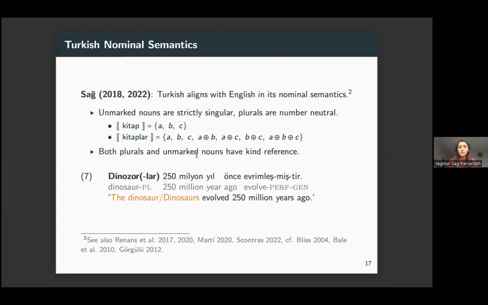So the fact that you can give it a singular noun, as well as dinozorlar 250 milyon yıl önce evrimleşmiştir, a plural noun, shows us that both the singular and the plural noun have kind reference in Turkish. And this is also the case in English. As you see in the translation, you say this with the definite singular kind, the dinosaur, or the bare plural, dinosaurs.